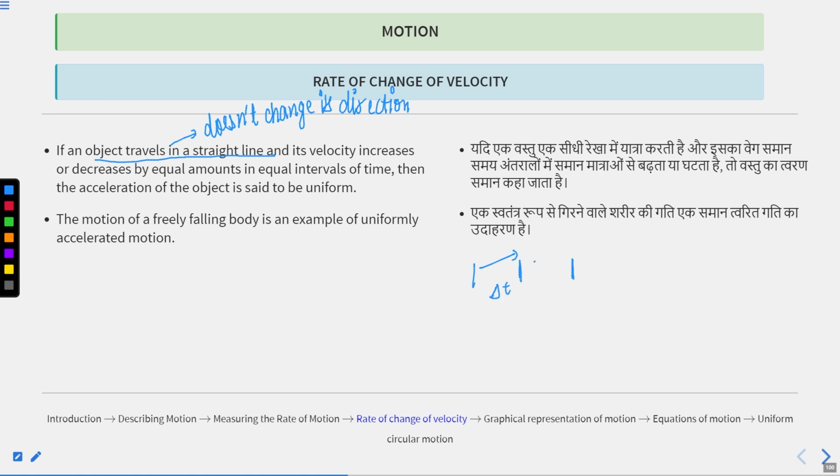In the next time interval, the velocity increases, and the time interval is the same. So if the velocity increases or decreases by equal amount in equal intervals of time, that acceleration is known as uniform acceleration. And if the velocity increases or decreases by unequal amount in equal intervals of time, then the acceleration is said to be non-uniform acceleration.